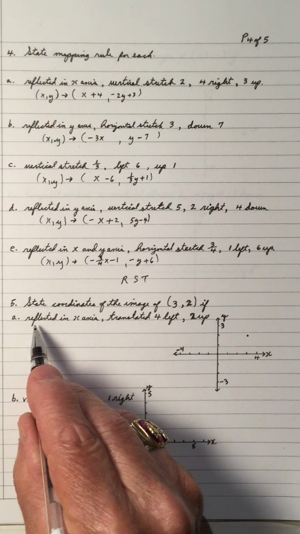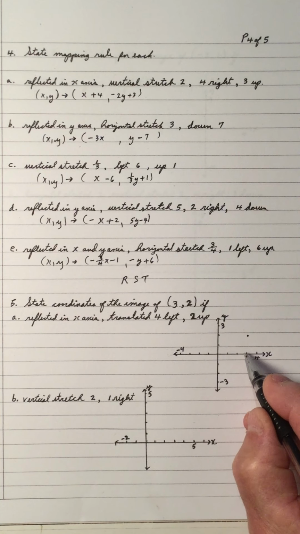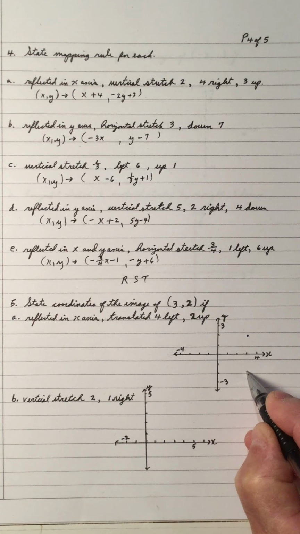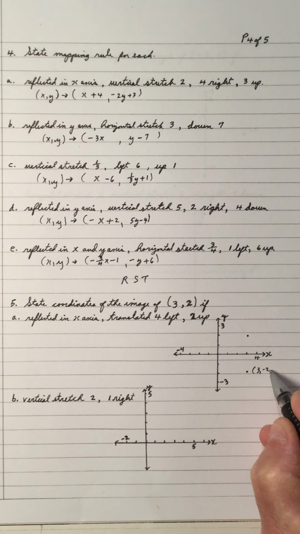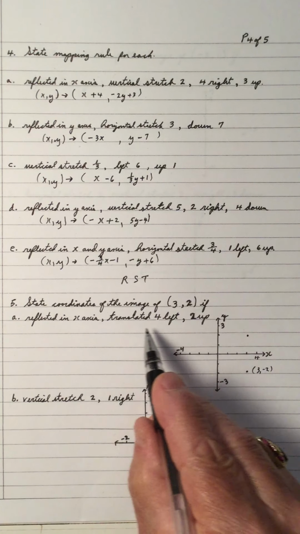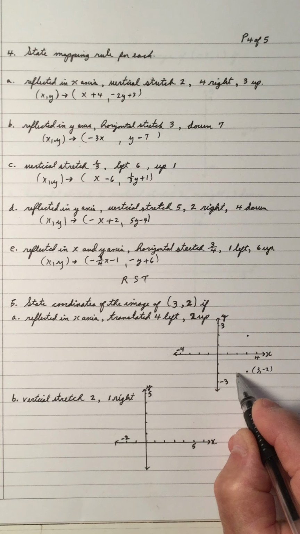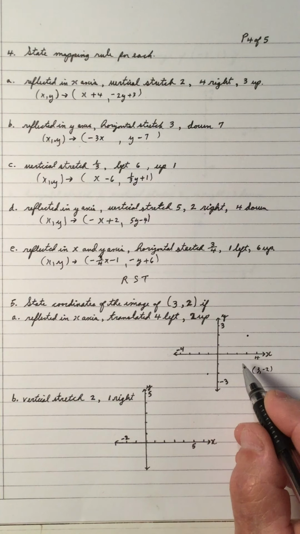So now, let's reflect it first. Reflect in the x-axis. Reflect in the x-axis makes it come down to right here. So that's 3, negative 2. Now, translate it 4 left. So if we go 4 left, we go 1, 2, 3, 4 right to here.